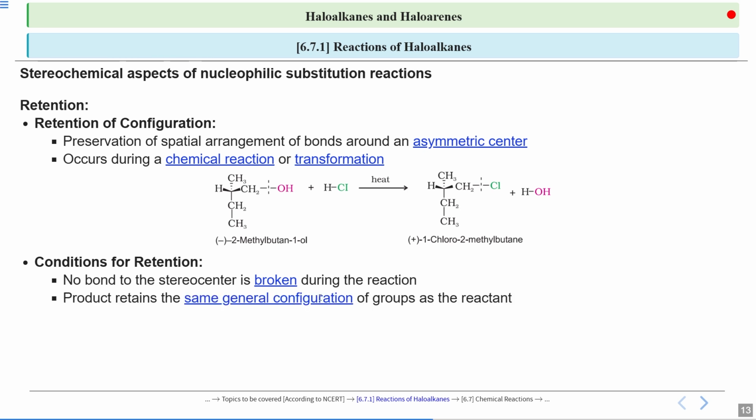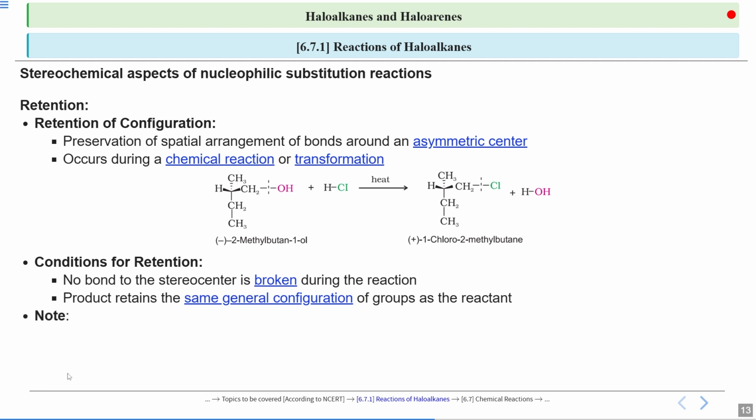The product retains the same general configuration of groups as the reactant, of all the groups present around the asymmetric center that is already present in the reactant.